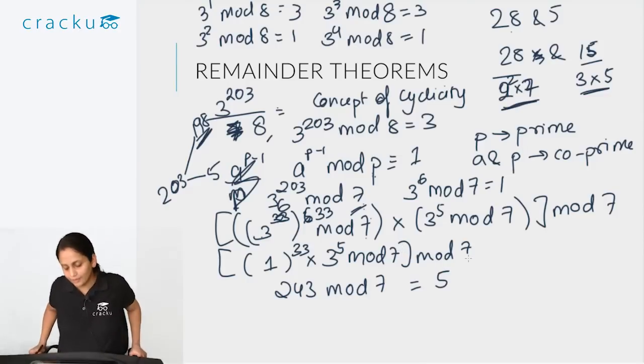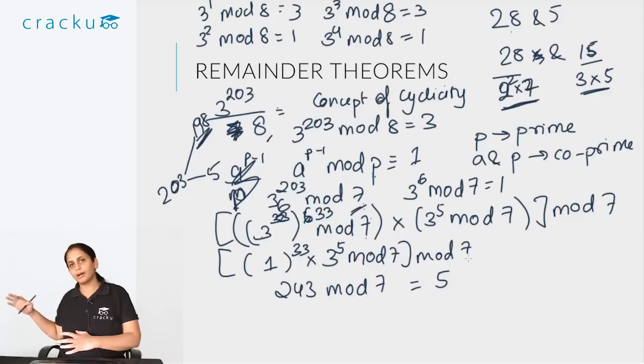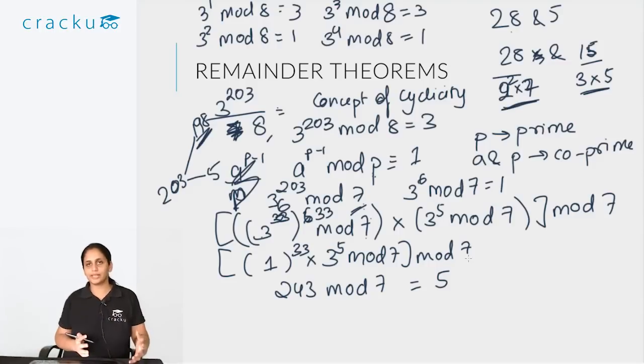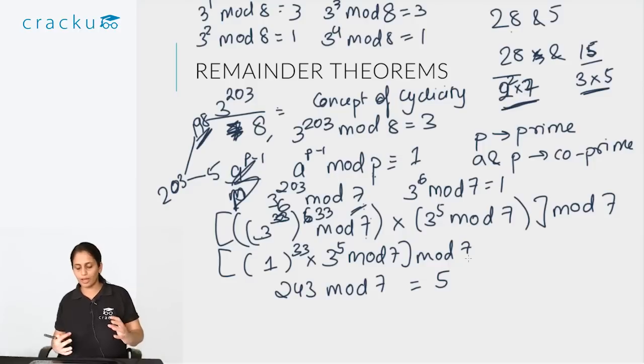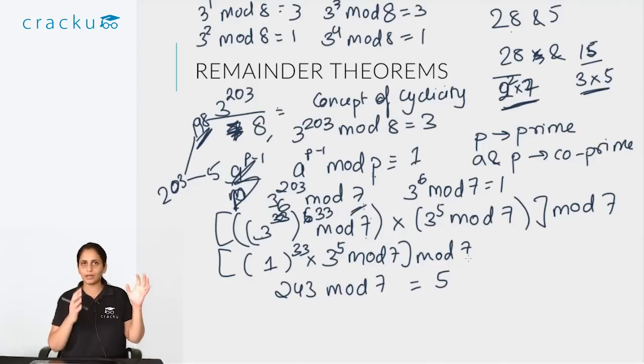So essentially I have converted 3 raised to 203 mod 7. Wherever I could get 3 raised to 6 mod 7, I removed that part into a separate section. Using the multiplication formula, I said that there are 33 such parts, and I make all of them 1.